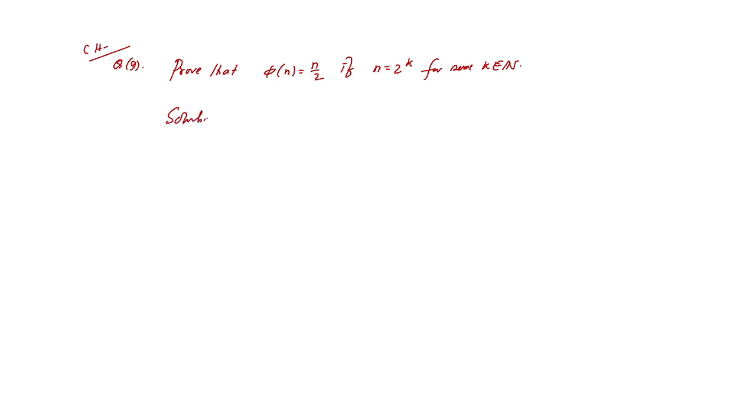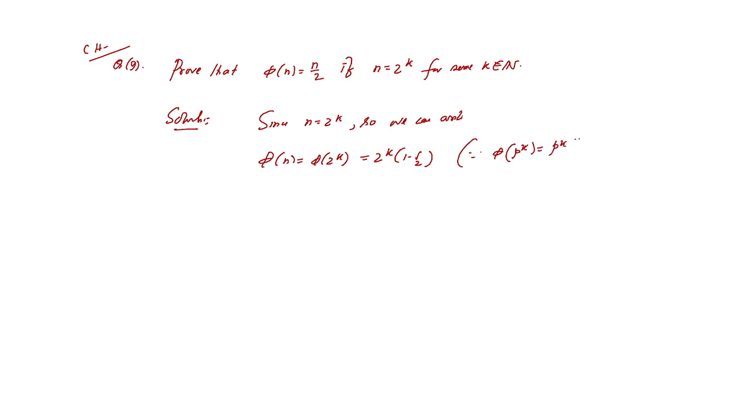So how to solve this kind of problem? Since n equals 2 to the power k, we can write phi of n, that means phi of 2 to the power k, will be 2 to the power k into 1 minus half, because we know phi of p to the power k will be p to the power k into 1 minus 1 by p if p is prime, and p equals 2 is a prime. So for that number it will hold.